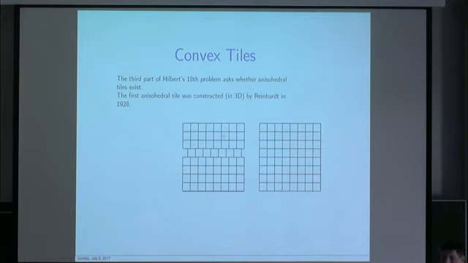And in his thesis, the problem that he tries to solve is just in the plane: let's classify all the convex polygonal tiles and check whether they're anisohedral or not.